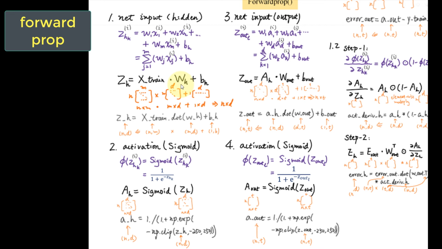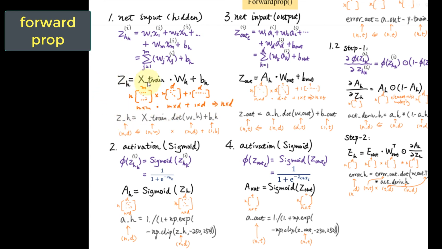This weight matrix has m rows and d columns, plus a row vector, 1 by d, which is the bias vector of the hidden layer. So at the end of the day, you get a matrix of n by d.